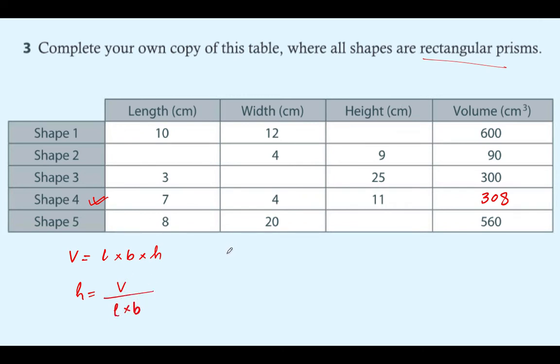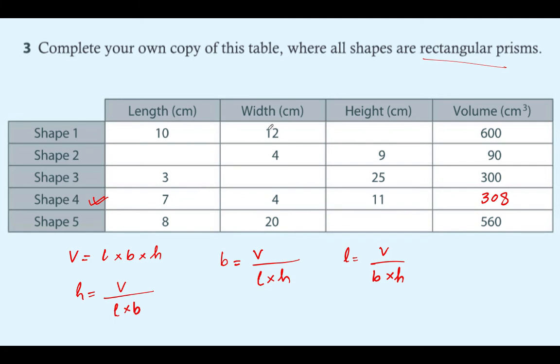Or if you want to find the breadth, that is volume divided by length times height. And suppose you want to find length, then volume divided by breadth times height. So in other words, if you need to find any one of these three, you divide the volume by the product of the other two.